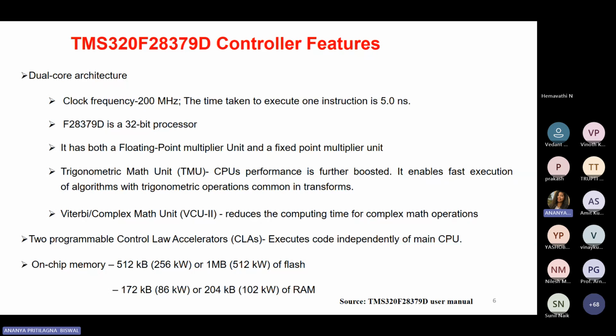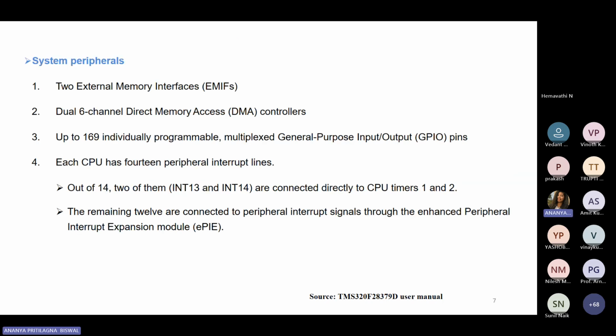On-chip memory is 512 KB or 256 kilowords, or 1 MB, 512 kilowords of flash, and for RAM 172 KB or 86 kilowords, or 204 KB or 102 kilowords. The system peripherals: two external memory interfaces, dual 6-channel direct memory access, that is the DMA controllers, up to 169 individually programmable multiplexed general purpose input or output GPIO pins.